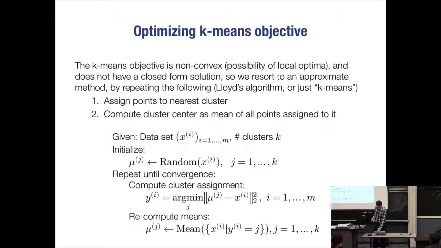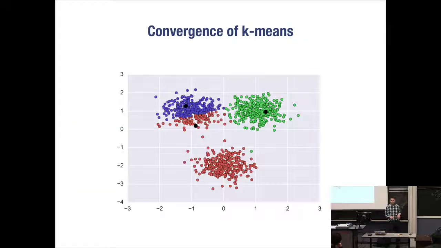Okay, so before I show the code, let's talk about how this looks in practice. Here is an illustration of k-means on a very simple synthetic data set that has 3 obvious clusters, right? This is just 2D data, where there's a bunch of points down here, a bunch of points up there, and a bunch of points up there. Now, I initialize my means to their first settings randomly.